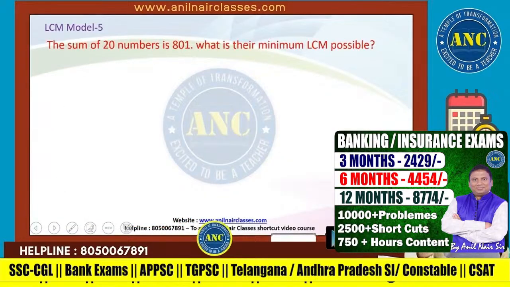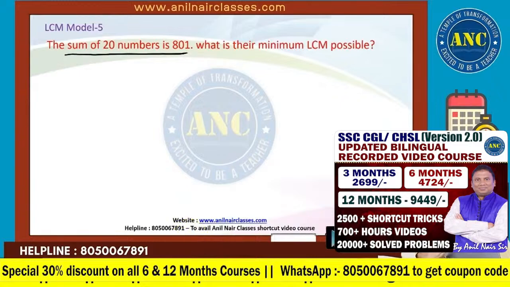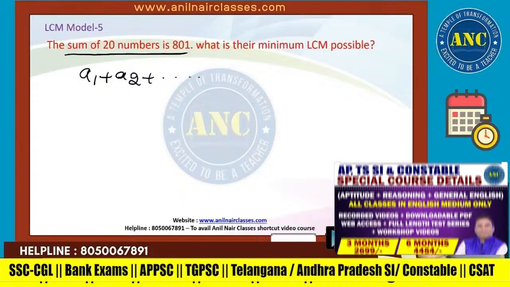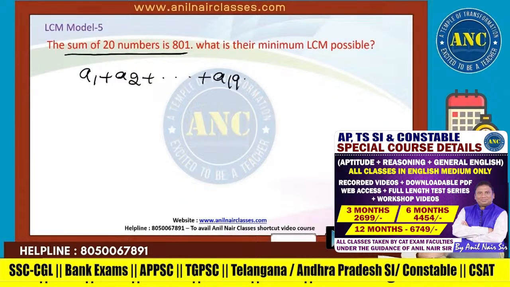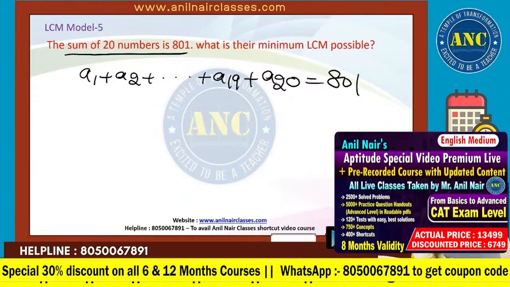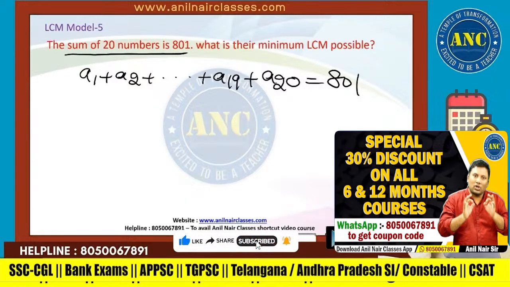Now the question is, sum of 20 numbers is 801: A1, A2 and so on up to A19 plus A20. If all the 20 numbers are equal, 801 cannot be divided by 20.